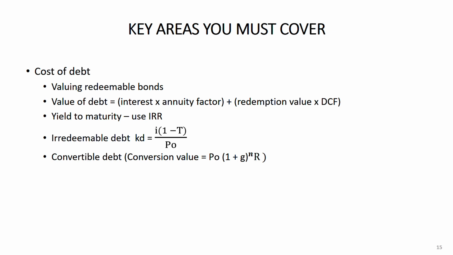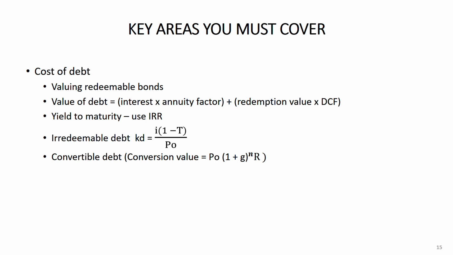Everything else is the way you calculate the redeemable bond: the value of the debt, and the yield to maturity to find the cost of debt. Everything is the same. Here also you have to use IRR to find the cost of convertible debt. The only difference comes in the final year, which is not the principal value, not the redemption value.